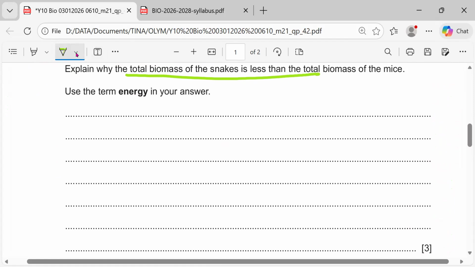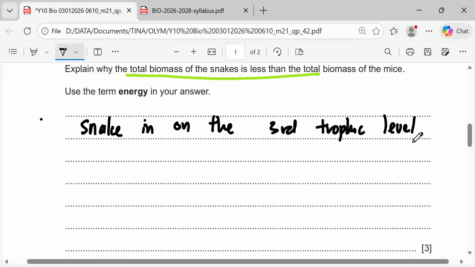All right. So the snake is on which trophic level? Third trophic level. But mice are on the second.